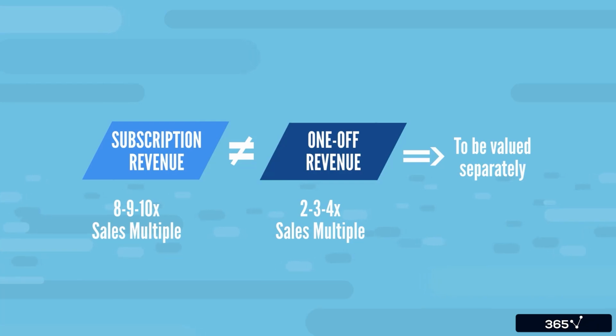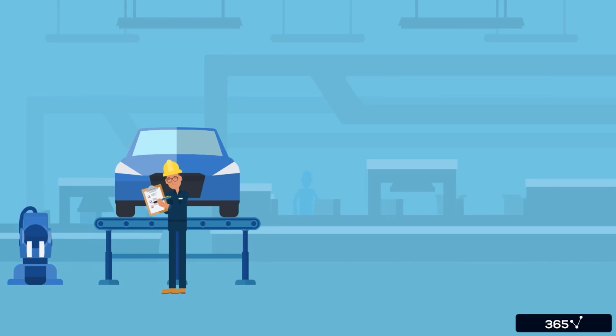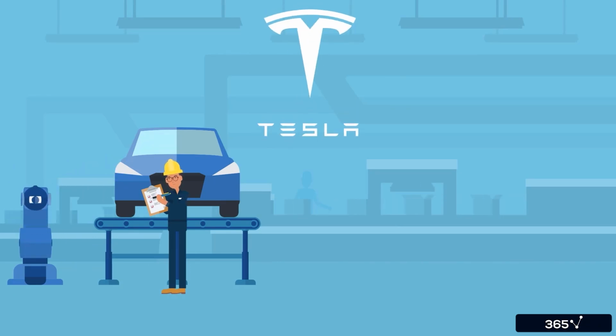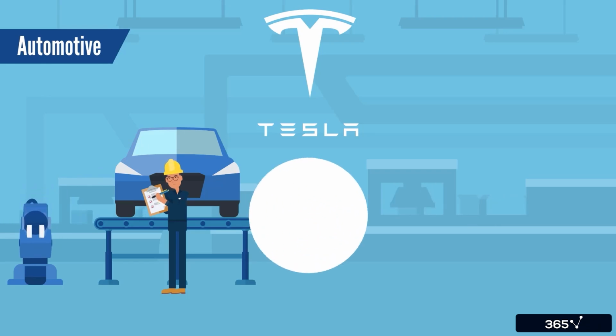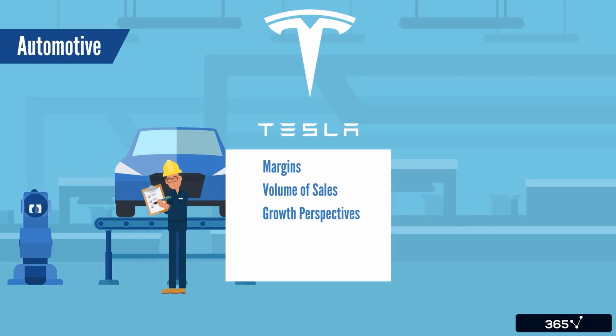This is an example of a situation when it wouldn't be precise to use the same earnings or revenue multiple for the entire business of a company. Here's another example: a very large company that does very different types of business. Think of Tesla. They have their automotive business, which commands one type of margins, volume of sales, and growth perspectives.